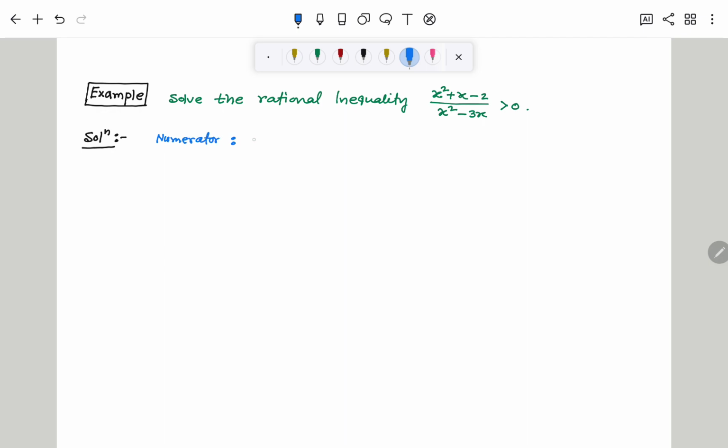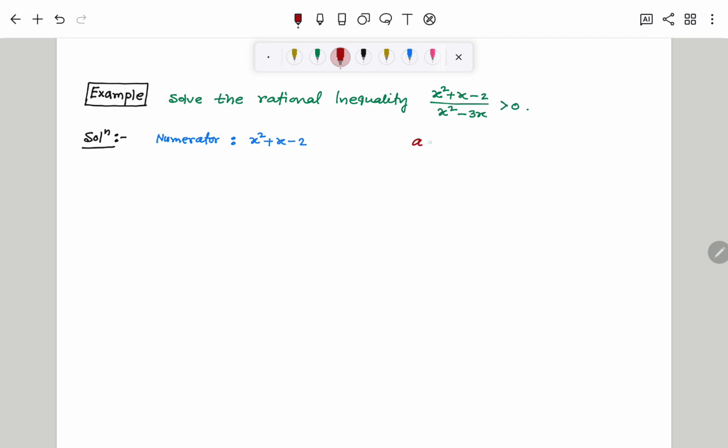the numerator is x² + x − 2. So this numerator is a quadratic. We have to factor it into linear factors. So how do we do that? First, we write down the coefficient of x², the coefficient of x, and the constant term.